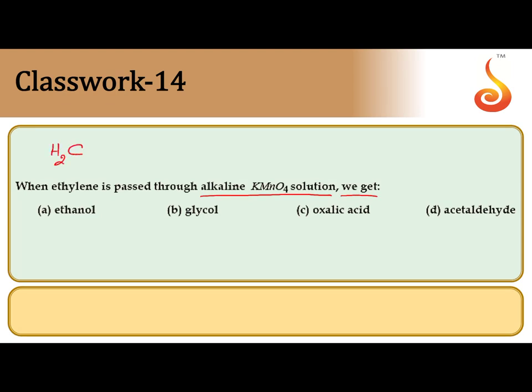When ethylene gas is passed through aqueous alkaline KMnO4 in cold condition, it can provide nascent oxygen. Nascent oxygen, being unstable, combines with H of the H2O. Two OH groups are created. So after the formation of two OH groups, the C=C pi bond is broken.